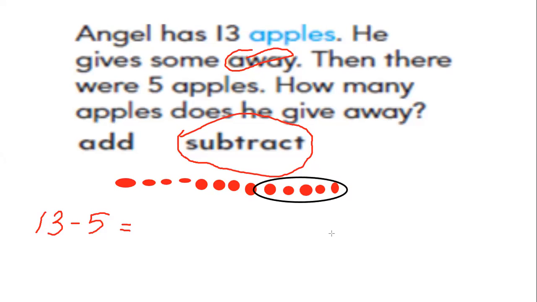Now let's count how many are left. Cross it out and then count how many we have left. 1, 2, 3, 4, 5, 6, 7, 8. So 13 minus 5 gives us 8. So that is how many apples he gives away. He gives away 8 apples from 13. So that will be our answer.